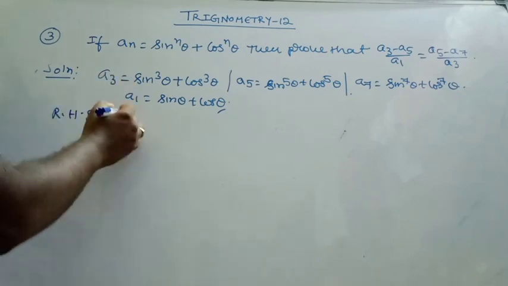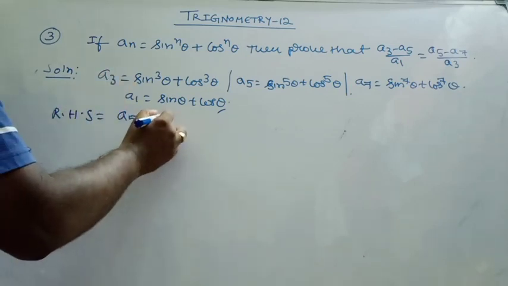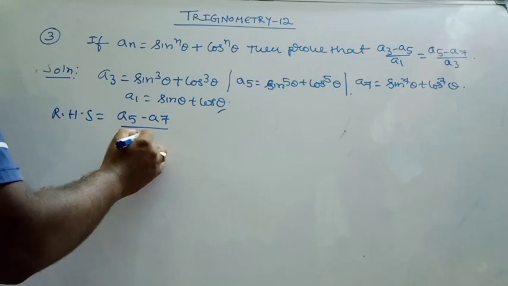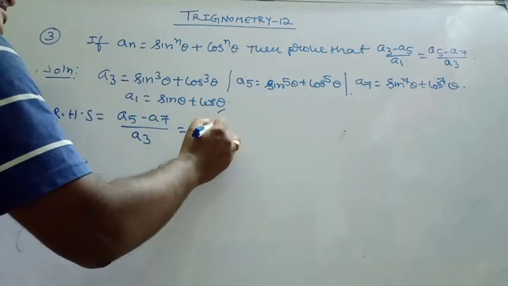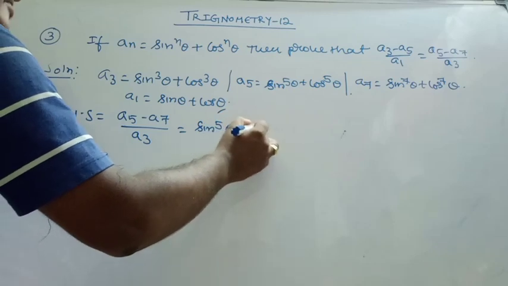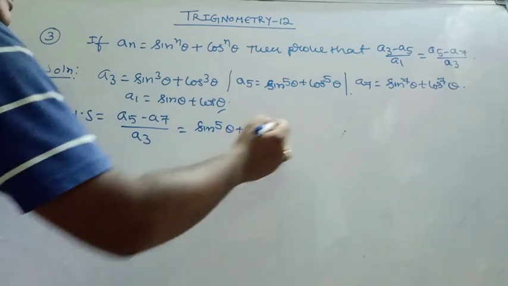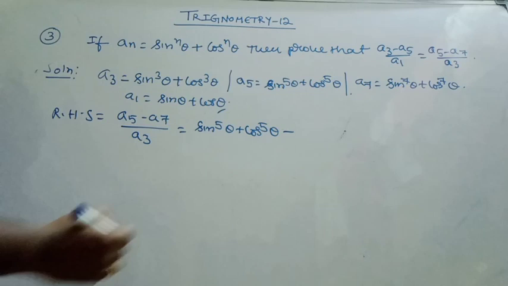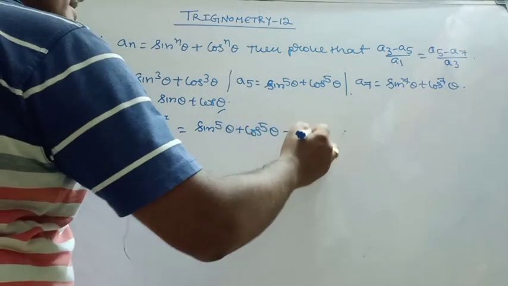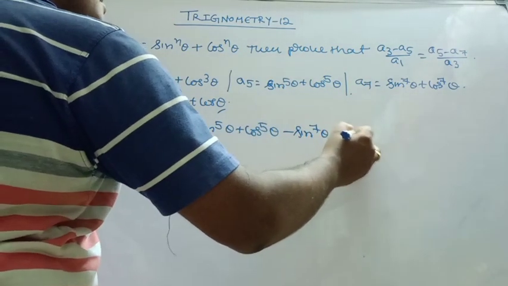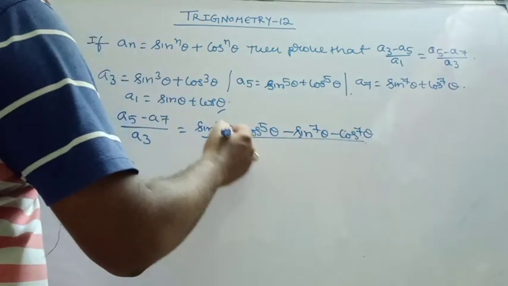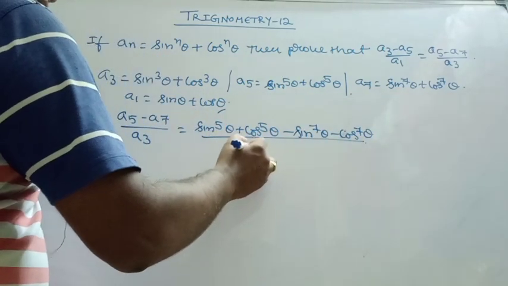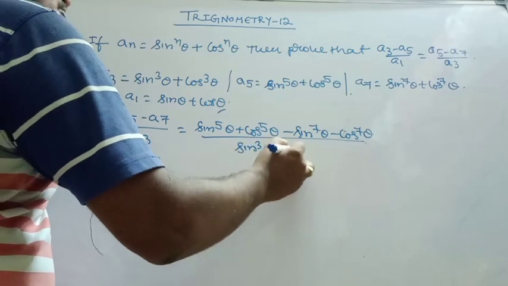Take this as A5 minus A7 by A3. A5 means sin power 5 theta plus cos power 5 theta, minus A7, that is sin power 7 theta plus cos power 7 theta, whole thing divided by A3, which means sin cube theta plus cos cube theta.